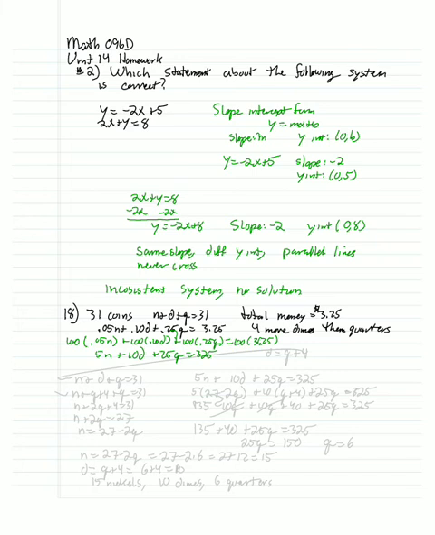So notice right now we have two equations, three unknowns. We need one more equation, and we have it. There are 4 more dimes than quarters. So we would say dimes equals quarters plus 4. Now we can start making some substitutions here.